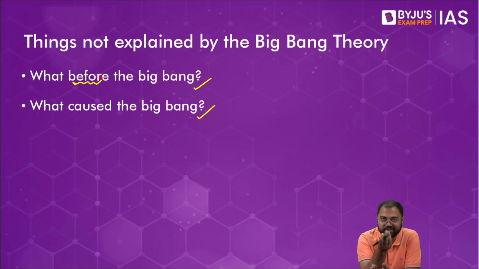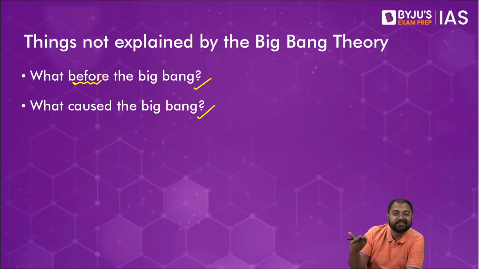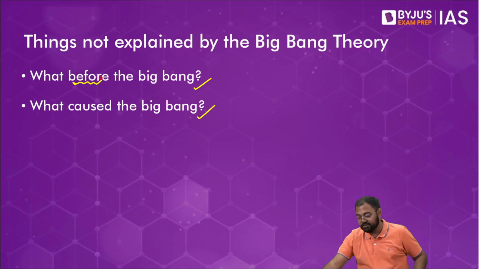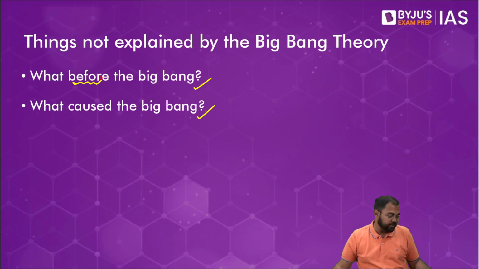It just talks about that particle being present. And that what caused the Big Bang? We are saying that there was a sudden expansion, but where did this sudden expansion happen from? What led to, what was the trigger for this sudden expansion? We still don't know. So that's why we still say that there are these questions which are still unanswered by the Big Bang theory.